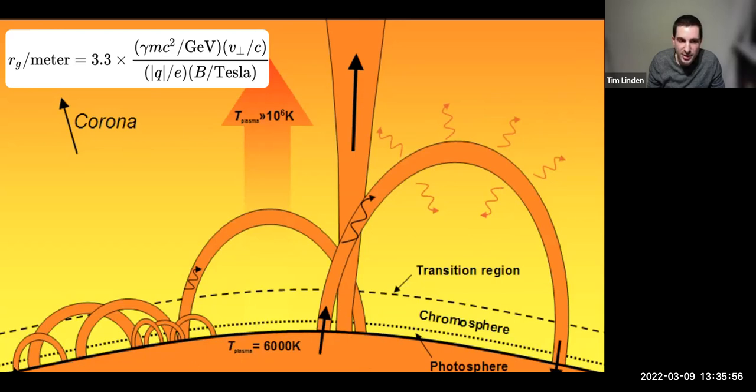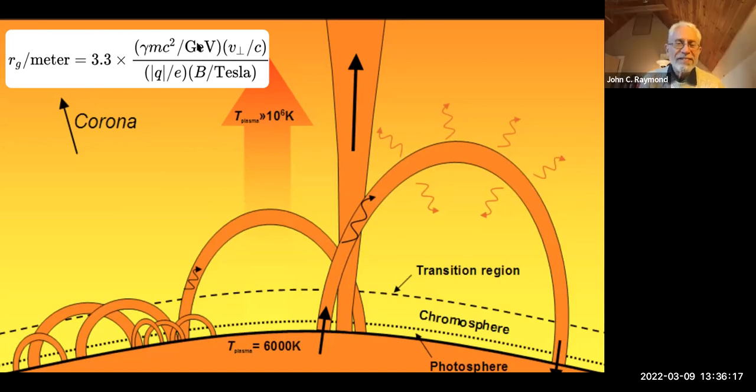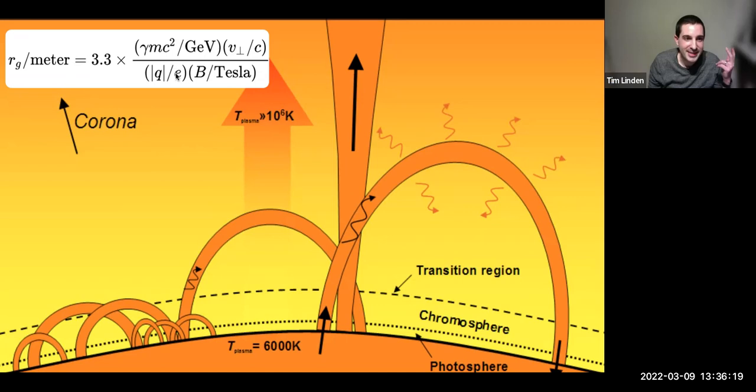But you need to find these strong magnetic fields. And the magnetic fields have to be really strong once you're talking about 100 GeV gamma rays and TeV protons. Putting this in Tesla is not the best for my mental thought process here, but for a TeV proton, this is going to be something like 3 kilometers at a Tesla magnetic field.